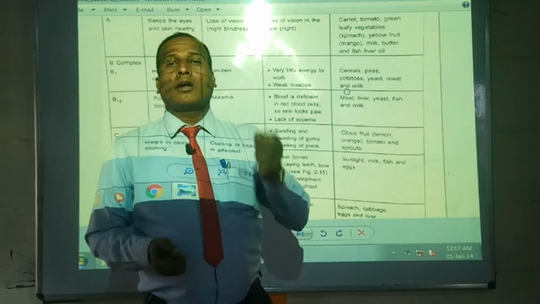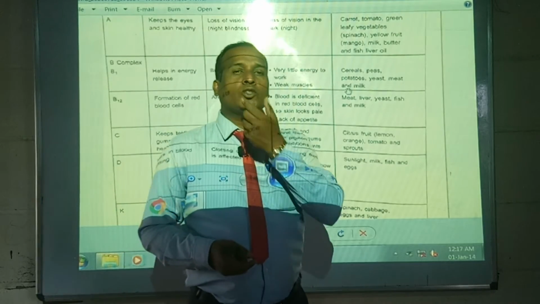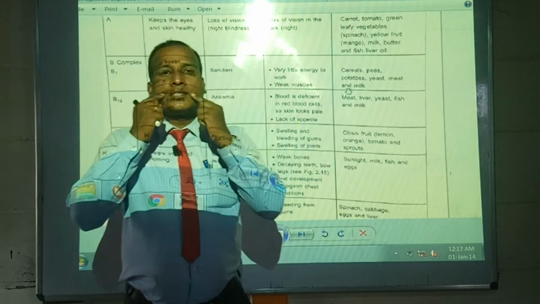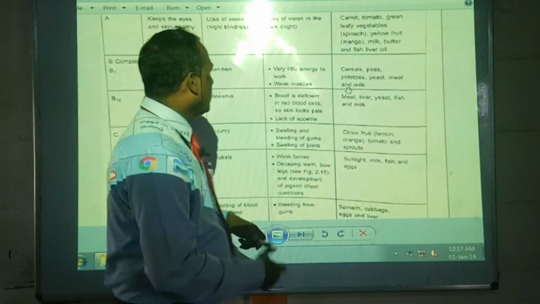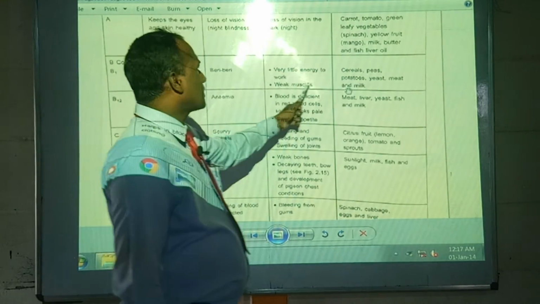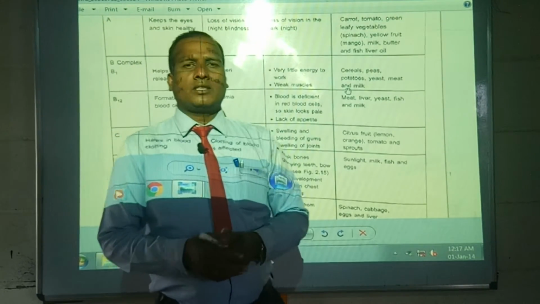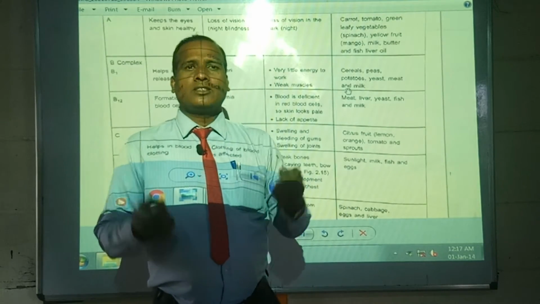With deficiency of vitamin B complex you will face beriberi, and cracks on the two sides of the mouth. You will have very little energy, weak muscles, and won't be able to do work properly, because you won't get that energy.